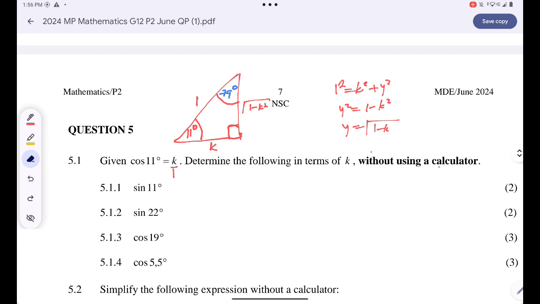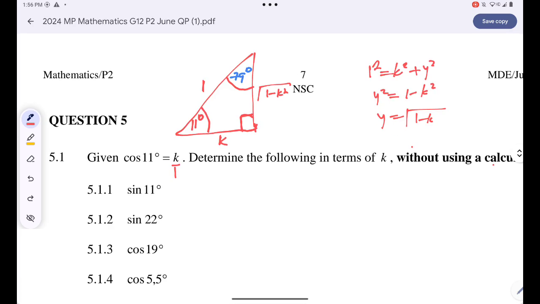That's how we could have found the side opposite 11 degrees. Now let's answer the questions. To find sine 11, it is just opposite over hypotenuse. So that's just the square root of 1 minus k squared all over 1. This is my answer.